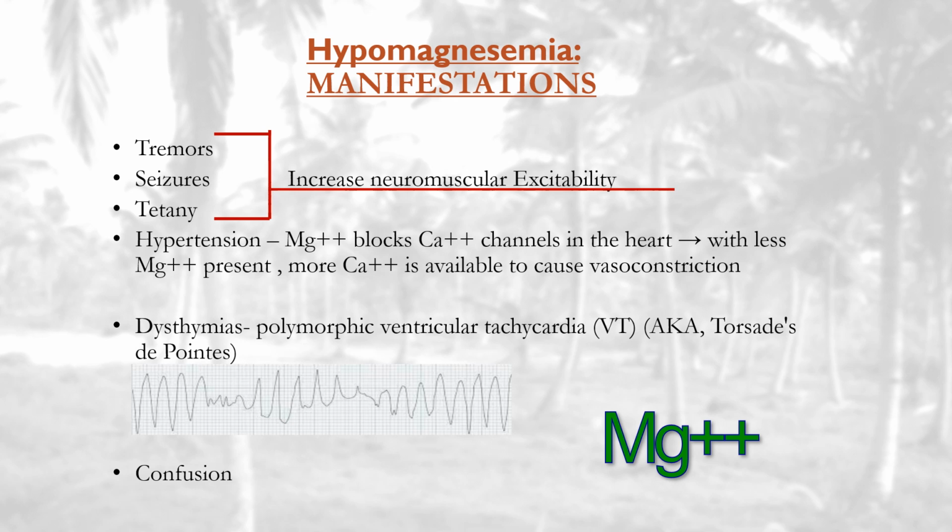When you have a good foundation of what the functions of these electrolytes are, it helps you identify the signs and symptoms of hypo versus hyper electrolyte imbalance. So I'm going to discuss magnesium.